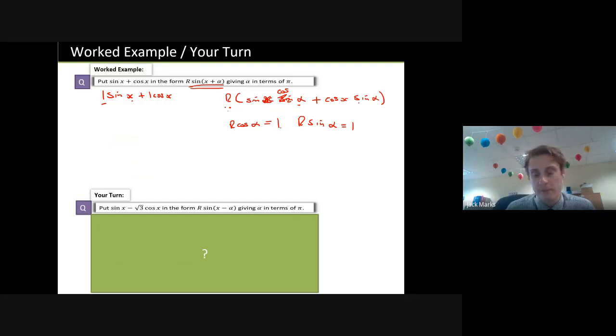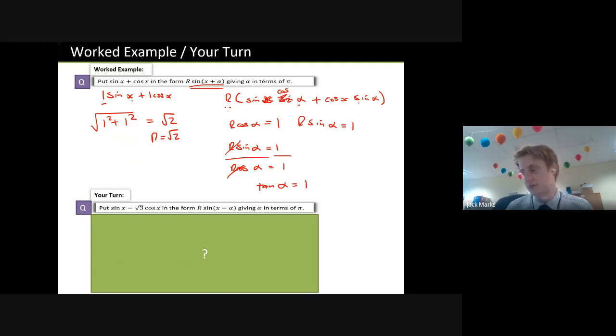You might remember we said Pythagoras is the shortcut. So 1 squared plus 1 squared, square root, equals root 2. That is the stretch. I don't have to show the full detail of why that works. And if we do r sine alpha, which is 1, over r cos alpha, which is also 1, that tells us that tan alpha equals 1.